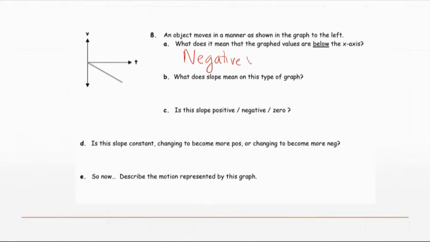Negative velocity means that it's moving left, or it's moving in the negative direction, okay? What does the slope mean in this type of graph? So the slope would be velocity divided by time, which is acceleration.